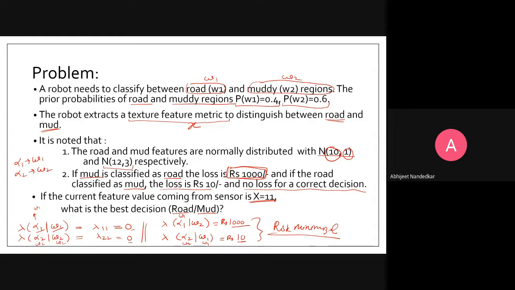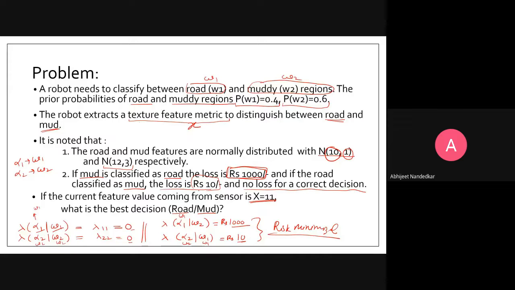That is, if there is a road and I call it mud and take some action, that may cost me 10 rupees. But if I take a decision for mud as road and travel, it will cost me 1000 rupees. So I don't want to travel on mud. That is my binding. I can bear the cost of 10 rupees for a wrong decision, that is classifying road as mud.